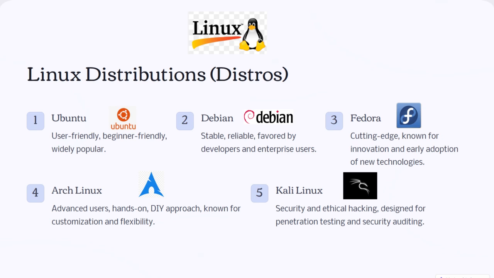And Kali Linux is designed for security purposes. We can do penetration testing, security-related work, and auditing also. We can do ethical hacking from this distribution. So Kali Linux is widely used for security purposes.